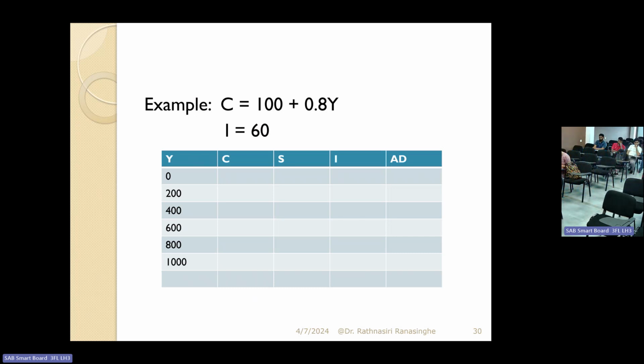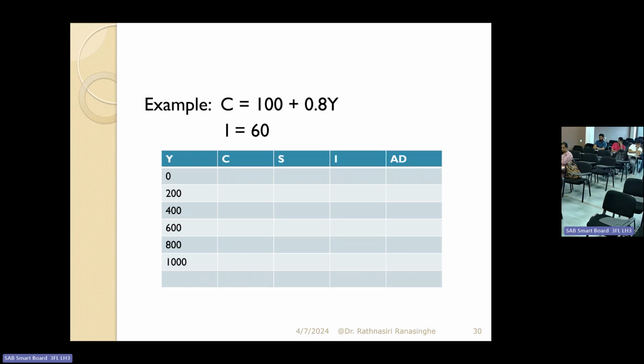Now you can assume different income levels, starting from 0, 200, 400, 600, like that. You can fill all these blanks in the table by referring to our model variables: the consumption function C equals 100 plus 0.8Y, and I equals 60.